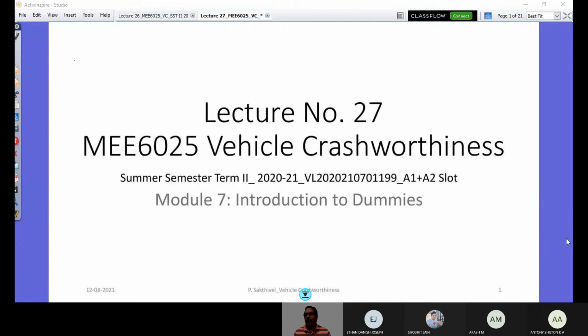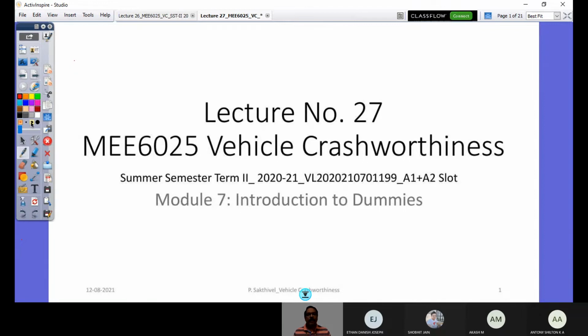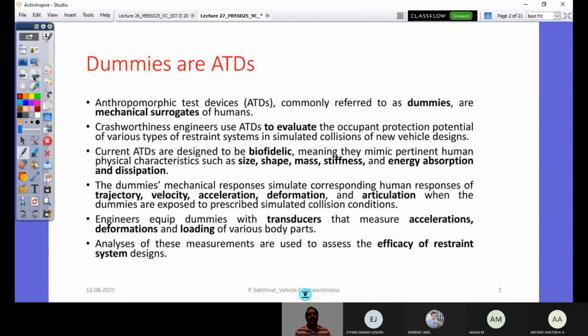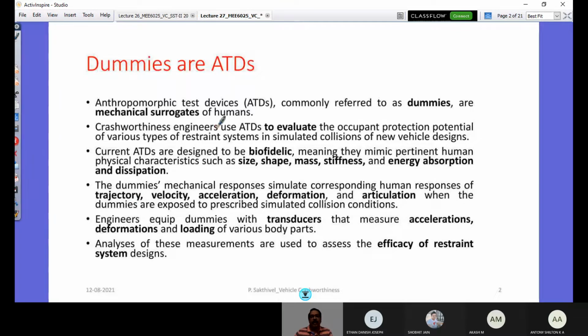You are able to see this lecture slide, and it is module 7, Introduction to Dummies. Look here, the anthropometric dummies. Dummies are ATDs, anthropomorphic test devices, commonly referred to as dummies, or mechanical surrogates of humans. Crashworthiness engineers use ATDs to evaluate the occupant protection potential of various types of restraint systems in simulated collisions of new vehicle design.